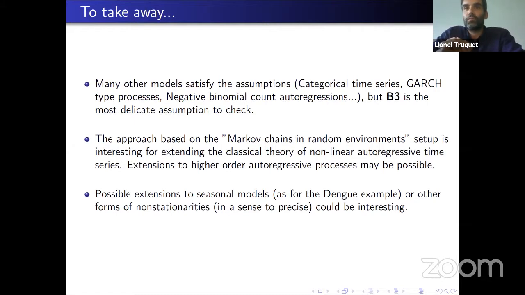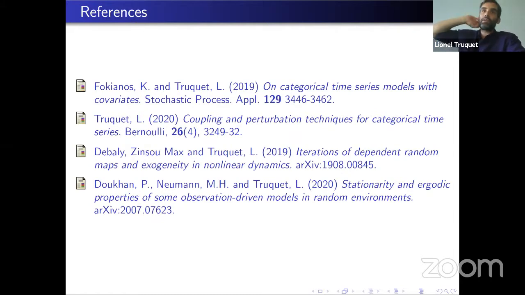So this extension could be interesting, but I think that this work can represent at least a starting point for studying this model with exogenous covariates. And I have a series of papers now in which we try, with several co-authors, in particular Kostas Fokianos, Max Insoudabali with my former students, and Paul and Michael Neumann, who will give a talk just after.